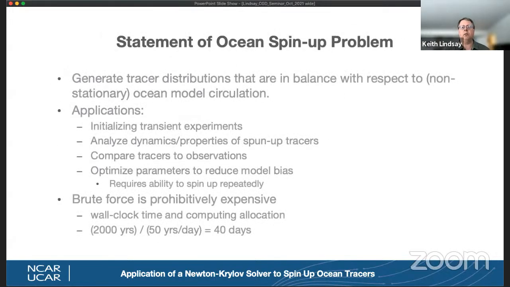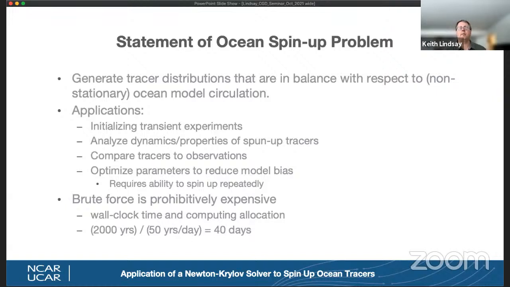So before going further, I want to explain with words and then with equations what I mean by the ocean spin-up problem. The statement of the ocean spin-up problem from a verbal point of view is we want to generate tracer distributions or spatial patterns that are in balance with respect to the ocean model circulation.